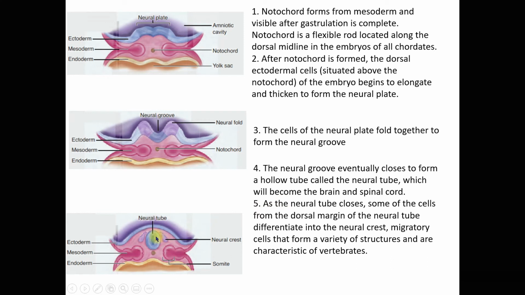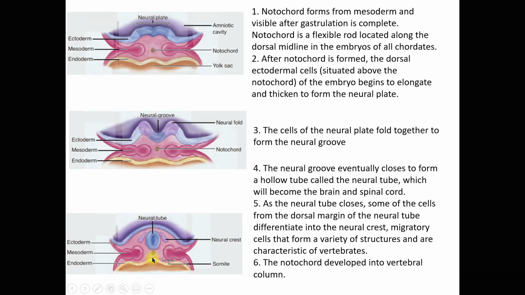Next, as the neural tube closes, some of the cells from the dorsal margin of the neural tube will differentiate into the neural crest. You can see this neural crest here. This neural crest is made of migratory cells that form a variety of structures, and it is characteristic of vertebrates.